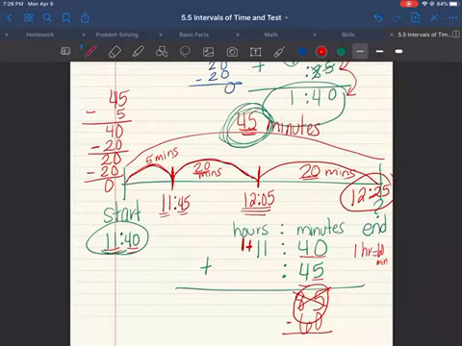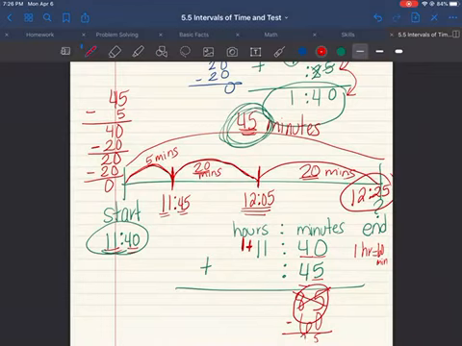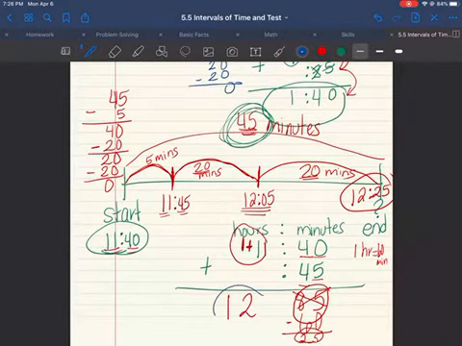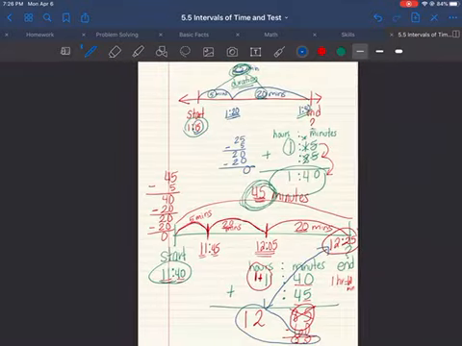So I'm going to regroup it. 5 minus 0 is 5. 8 minus 6 is 2. How many minutes are left? 25. 11 hours plus 1 equals 12. So my end time will be 12:25. If you notice, it's exactly the same one that we got up here.